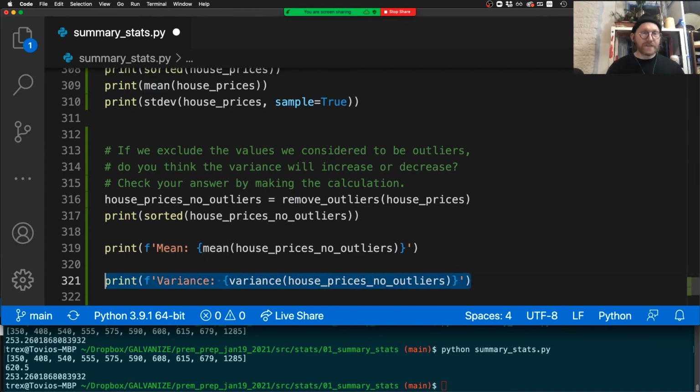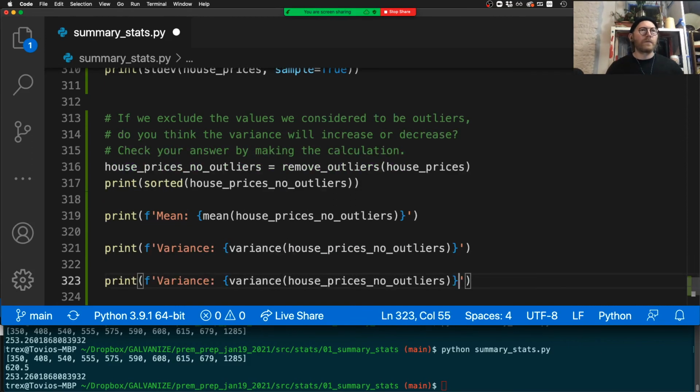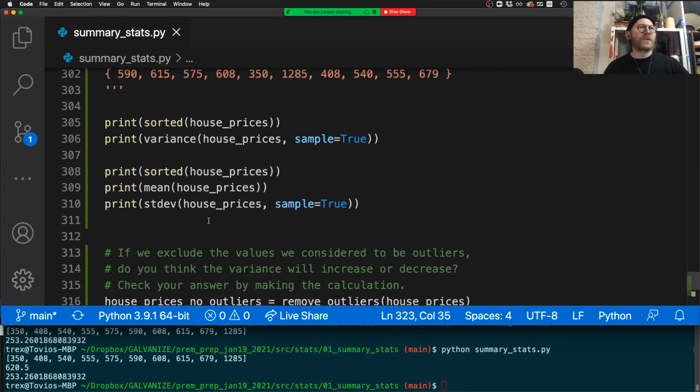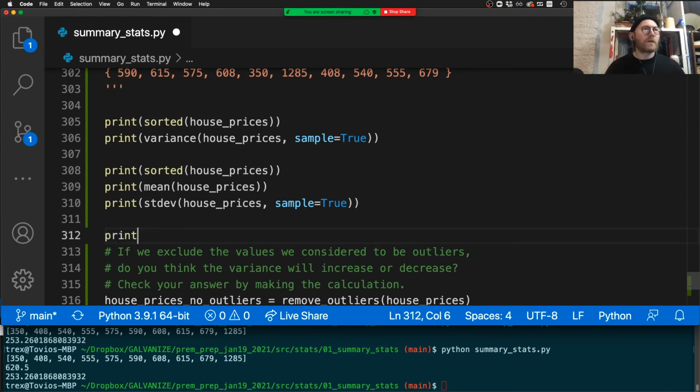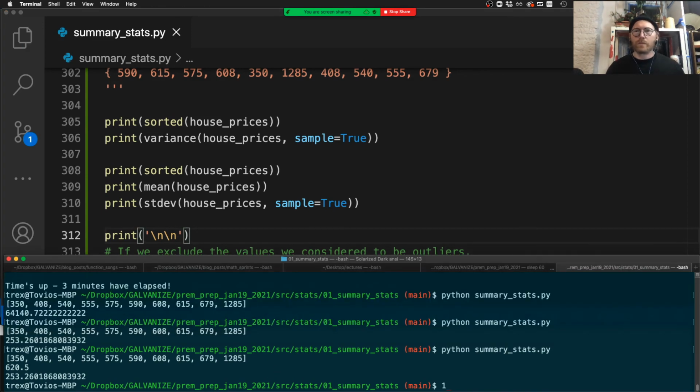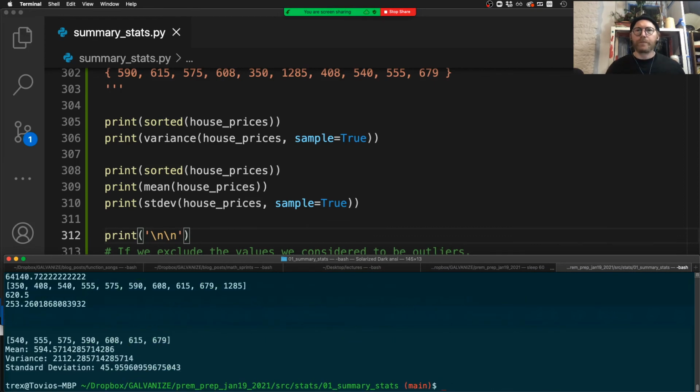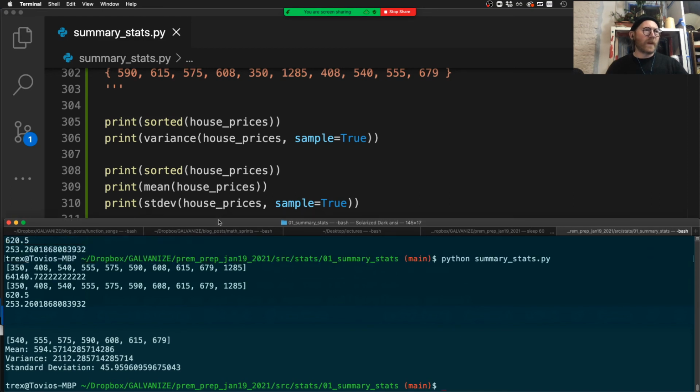And let's get the standard deviation. Okay.